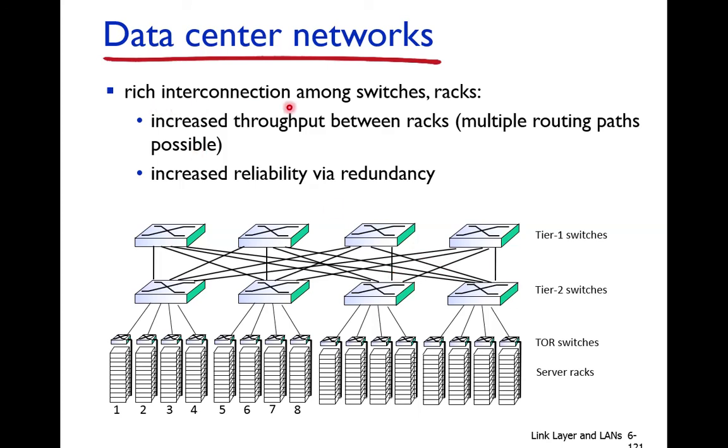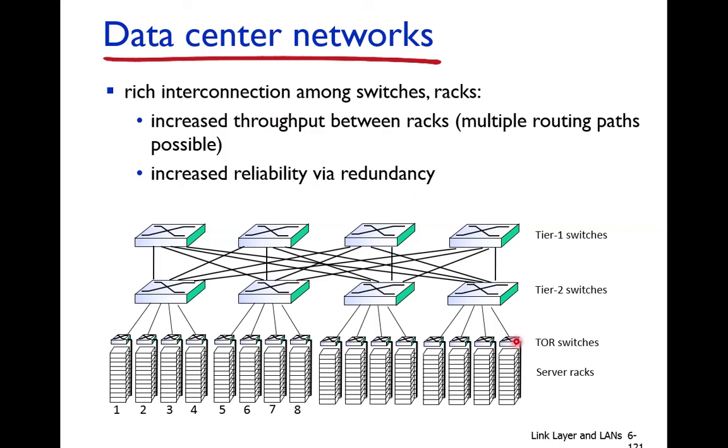So there is rich interconnection among switches, and this is one architecture for data center networking. We have multiple paths between two switches, so this increases throughput between racks. So there are multiple routing paths.